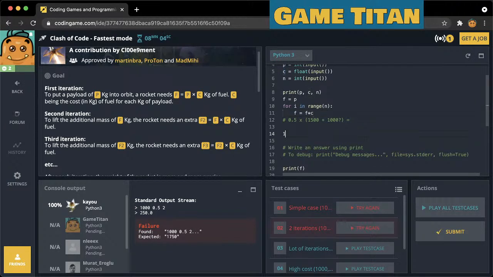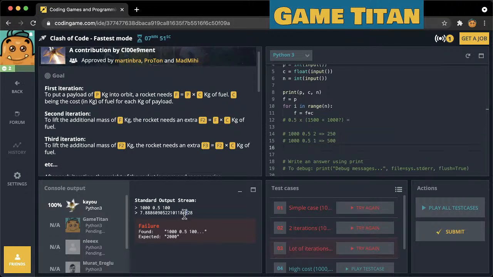So we know that 1,000, 0.5, and 2 is supposed to lead to 250. 1,000, 0.5, and 1 is supposed to lead to 500. 1,000, 0.5, and 100 is supposed to lead to 7 times 10 to the minus 28.